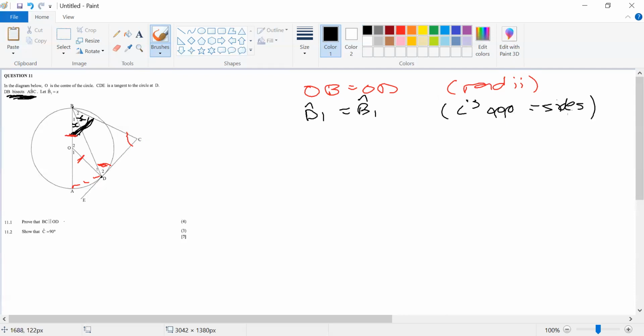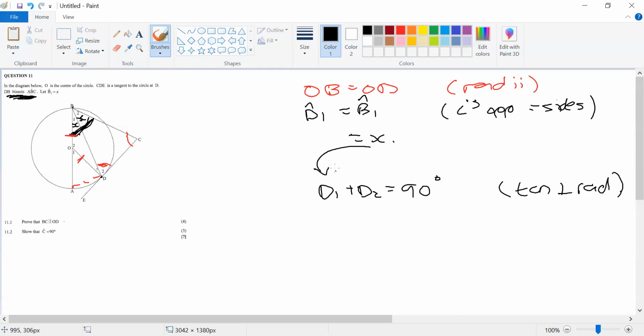And now because that's true, I can easily state that D1 is equal to X. And now I already told you that angle D1 plus D2 is equal to 90 degrees. And that is because the tangent is perpendicular to the radius. And so if I know this to be true, I can substitute for D1 and say that it's X plus D2, which is equal to 90. And I want to calculate D2, so I know that D2 is equal to 90 minus X.